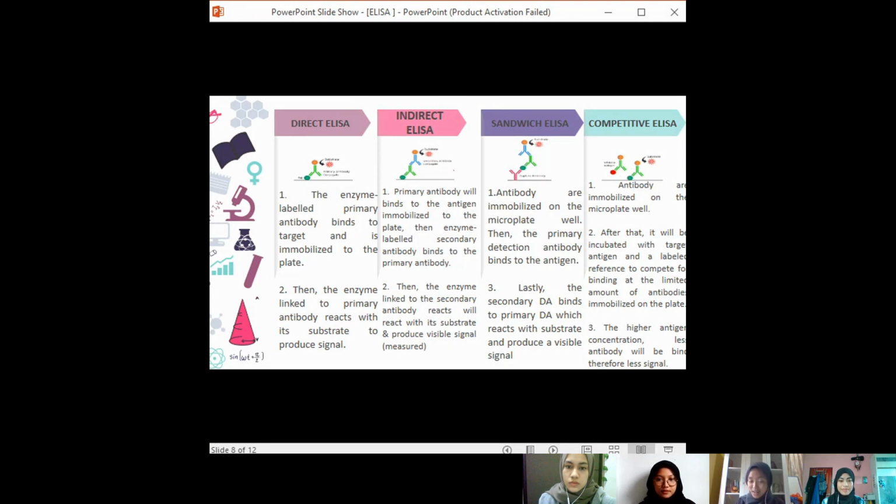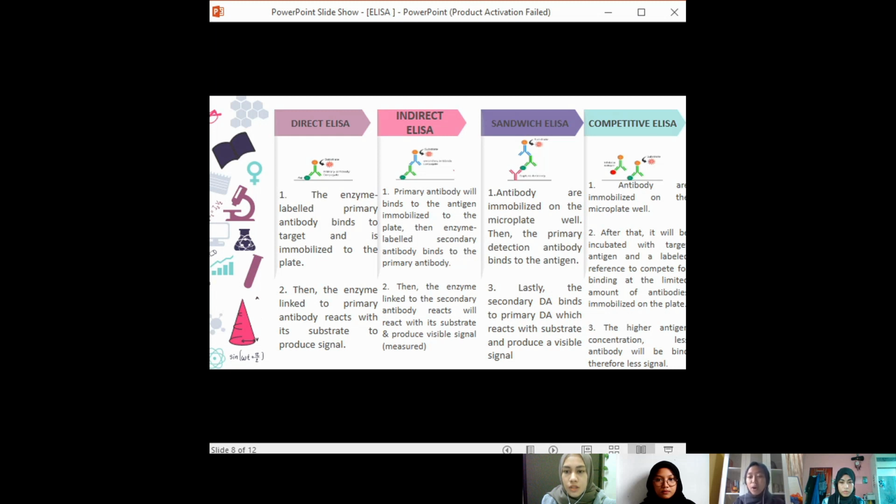For sandwich ELISA, we use detection antibodies. The antibody is immobilized on the microplate well, then the primary detection antibody binds to the antigen. Lastly, the secondary detection antibody binds to the primary detection antibody, which reacts with substrate and produces a visible signal that can be measured too.